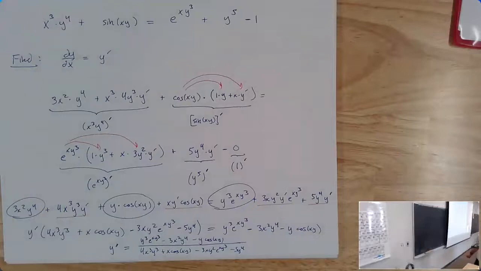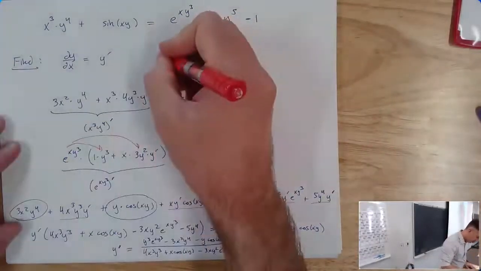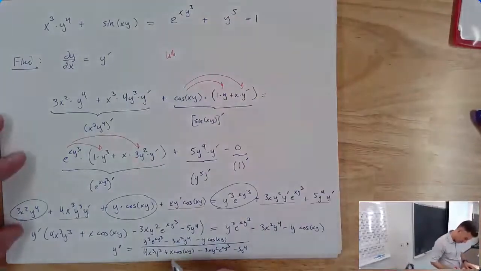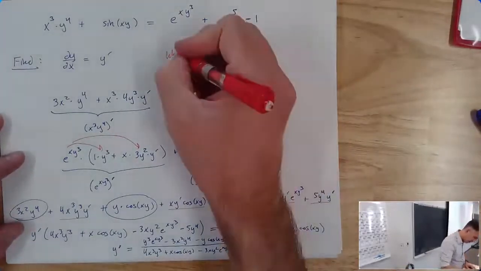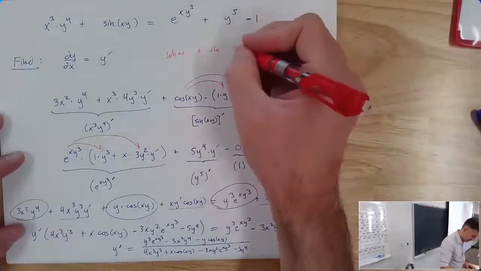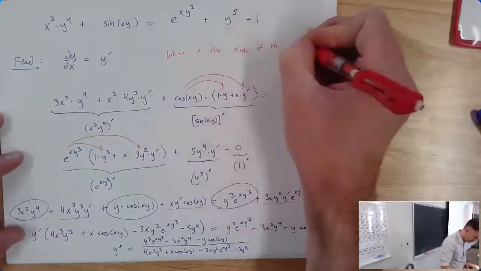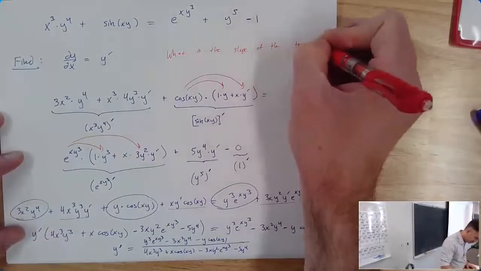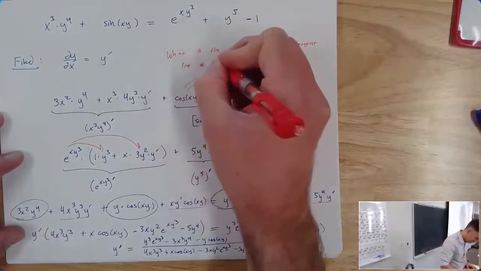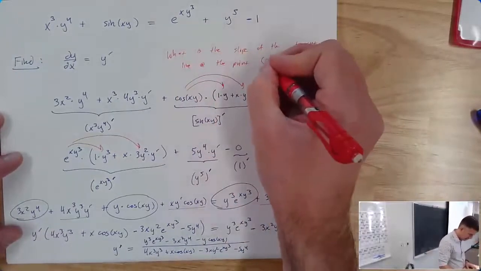So for example, we could say, I want to know what is the slope of the tangent line at the point, I don't know, let's say 8, 0.